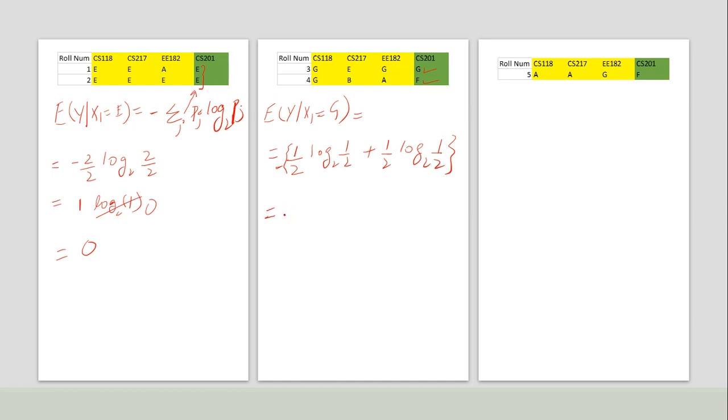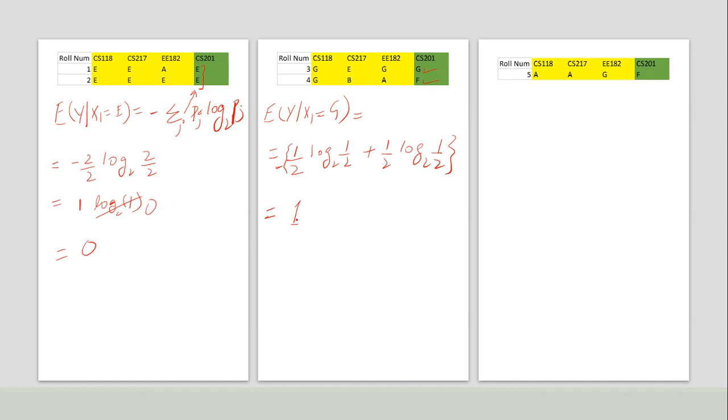You can calculate these values, but the answer would be 1. If I have binary attributes, then the maximum value can be only 1. So this is the maximum possible entropy in the data set for the binary value.